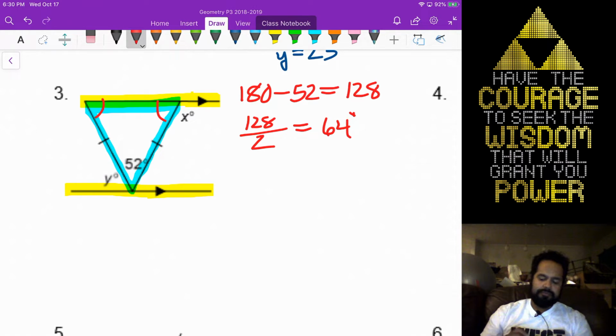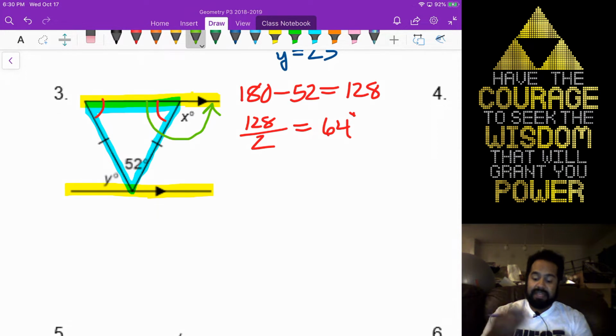Now, we can go ahead and use the fact that this angle plus angle x form a straight line. Since they form a straight line, we can say that those two angles form a linear pair, which then means they're supplementary.